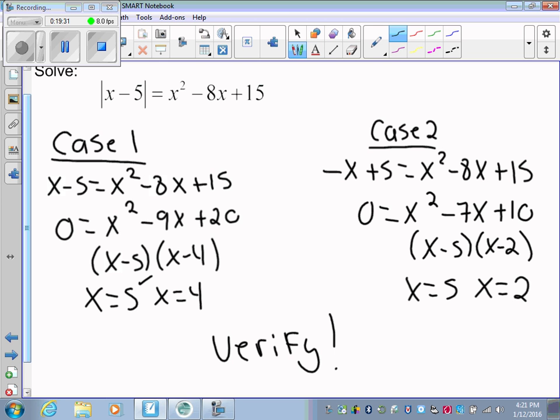This one would not work. We already know 5 works, so we test 2. And 2 works.